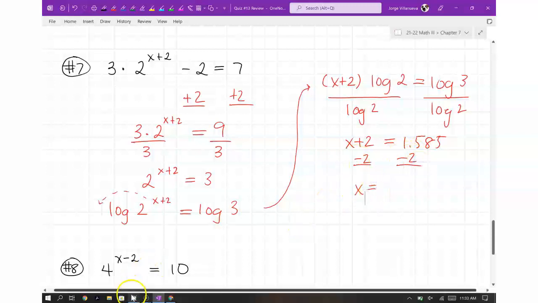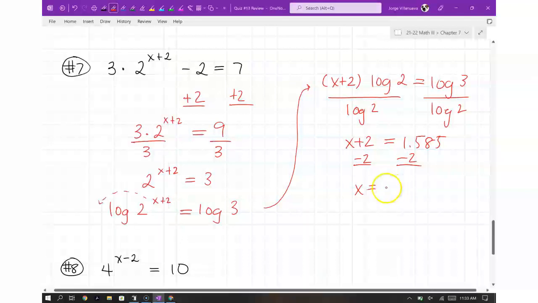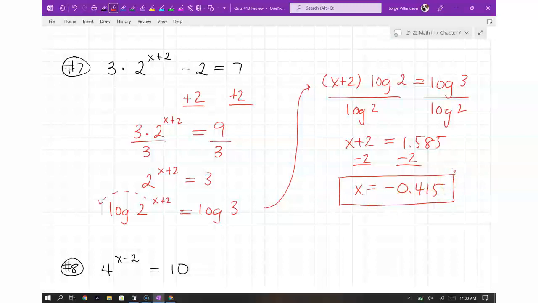So let's just get our answer and subtract 2 from it. So negative 0.415. And that would be my answer. Okay, so those are all 8 problems for you guys. Make sure that you go over them tonight.